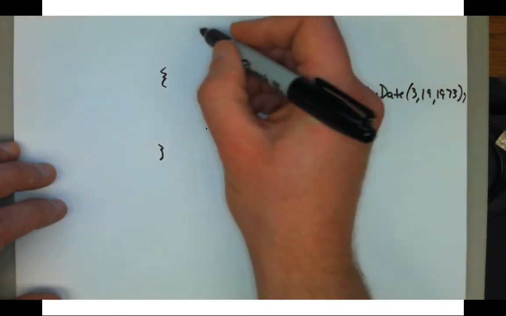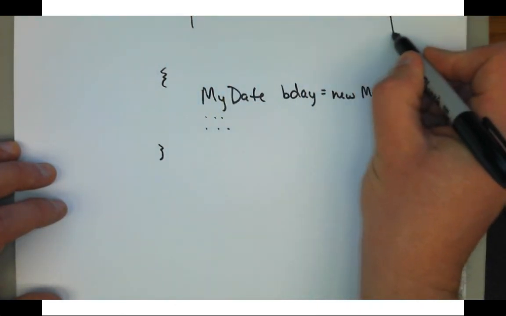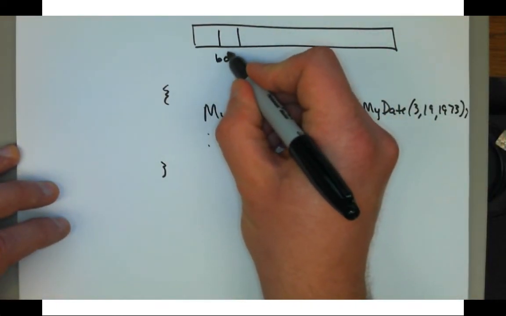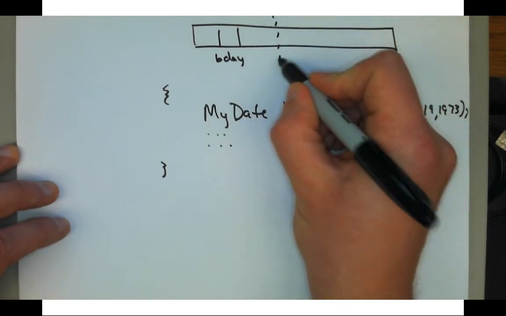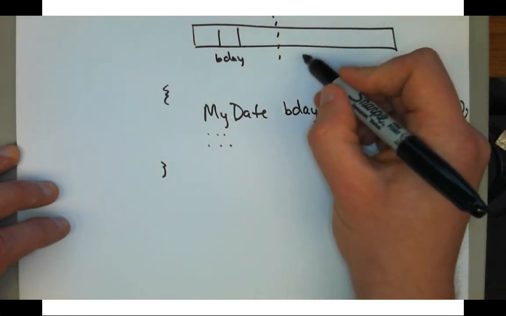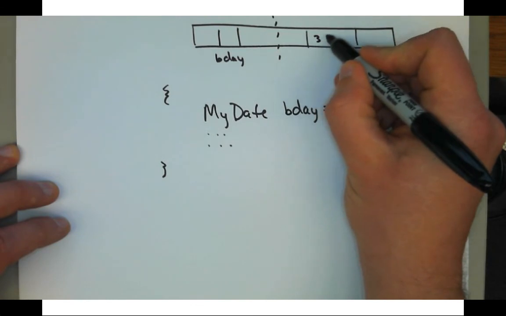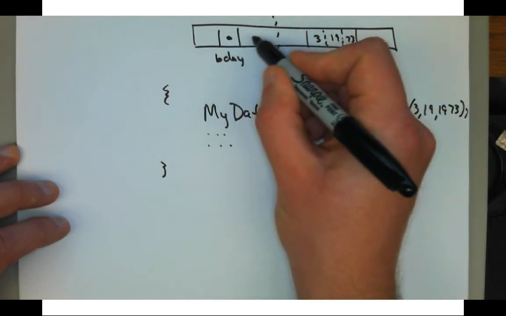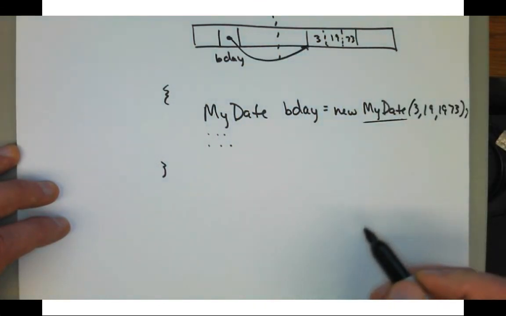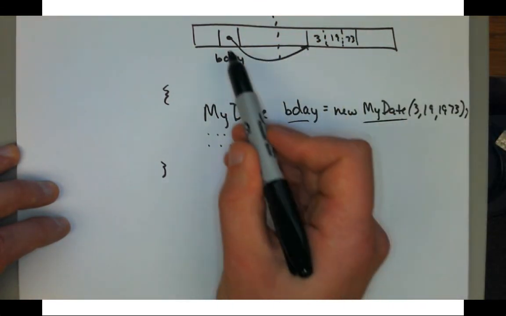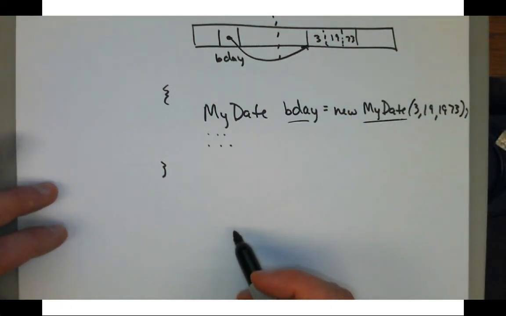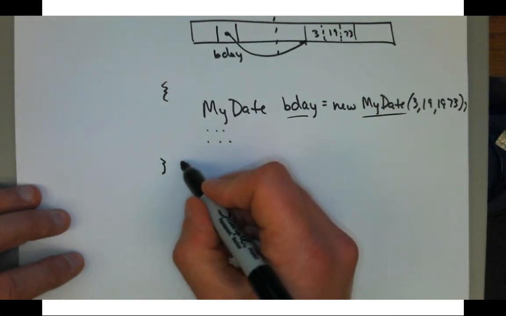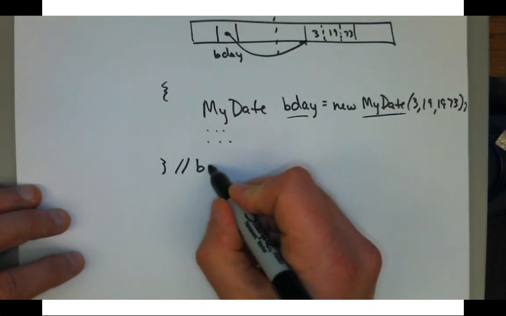Again, bday is a pointer, and the object is over here on the heap. Okay, bday is the reference that points to the object on the heap. Okay, when we come to the ending curly brace, bday is marked for garbage collection.